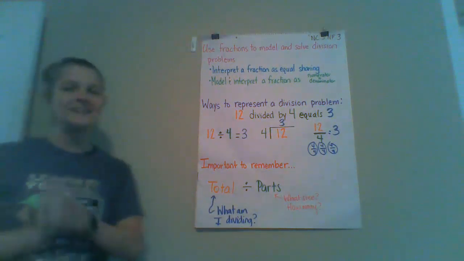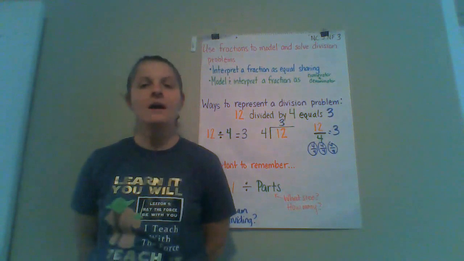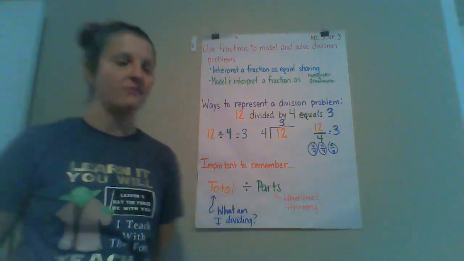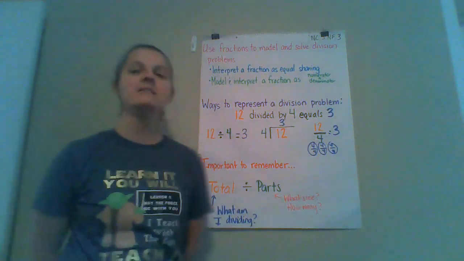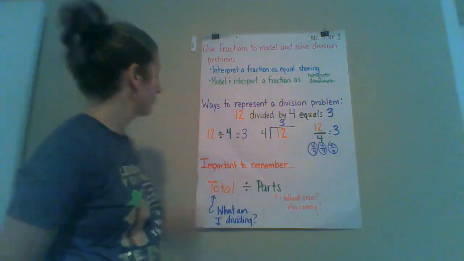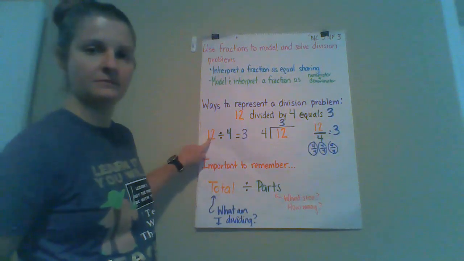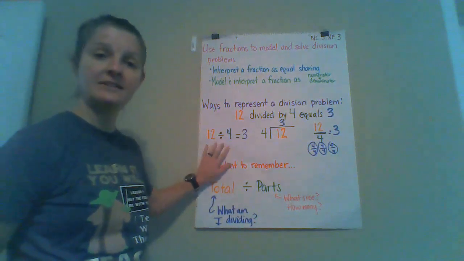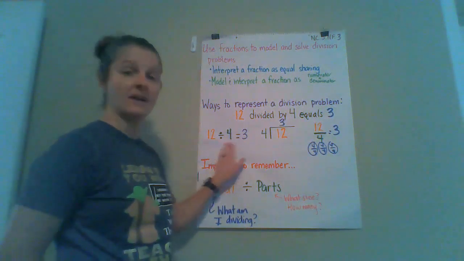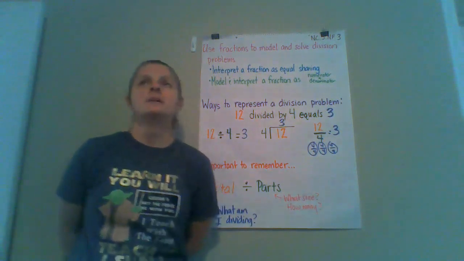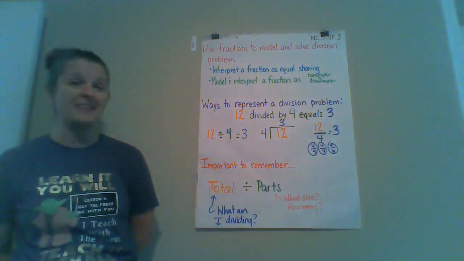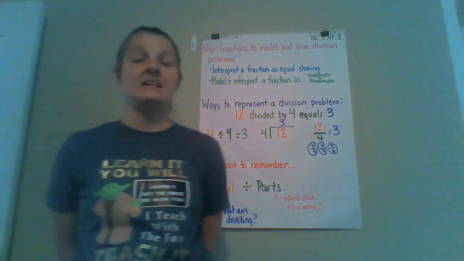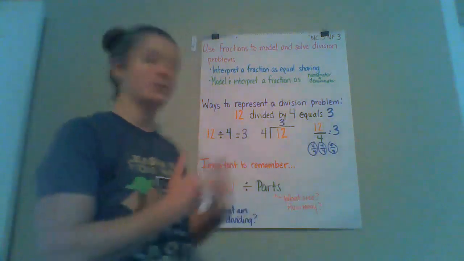Now, the reason that this is important, okay? Up until you became a 5th grader, you divided numbers that were larger here by numbers that were smaller here, just like this one that we have, 12 divided by 4. Now, sometimes we get in our brain that that's the only way that we can do it, that the big number is what we're dividing.